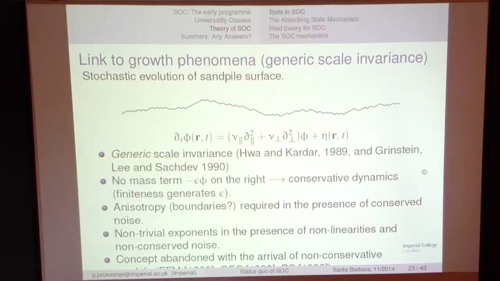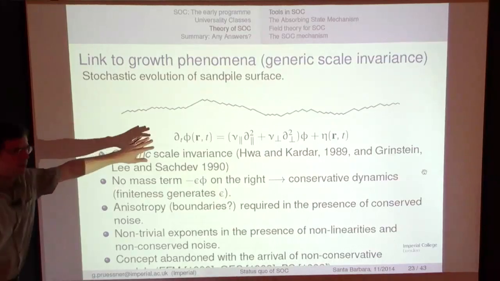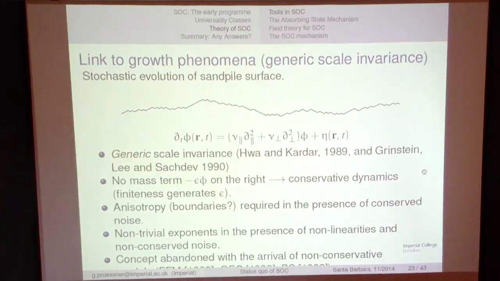I could look up the precise conditions under which this type of equation displays spontaneous or generic scale invariance. This is what they call this behavior. But I think the most popular one is to have conserved noise and anisotropy.